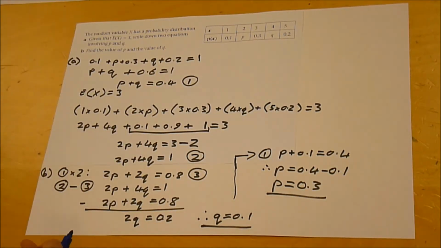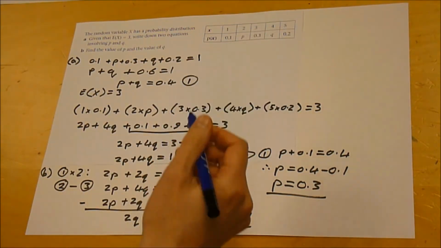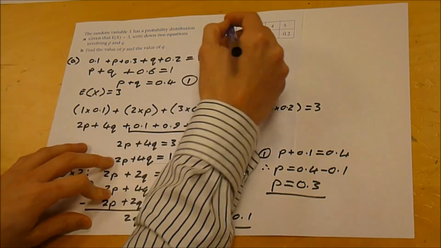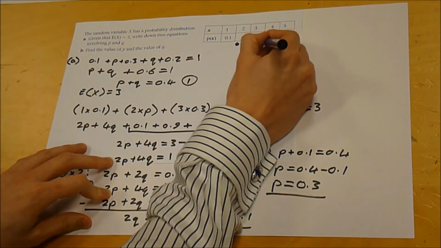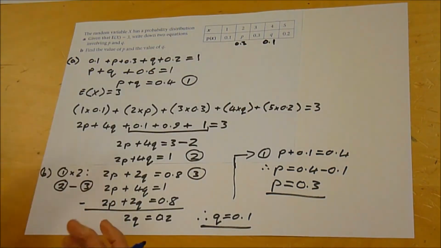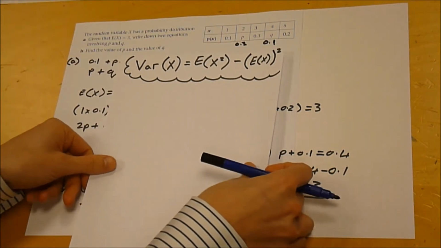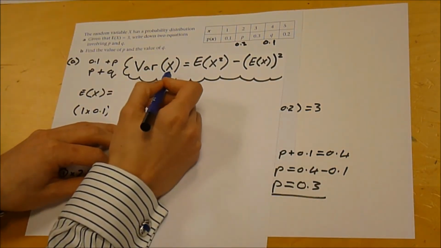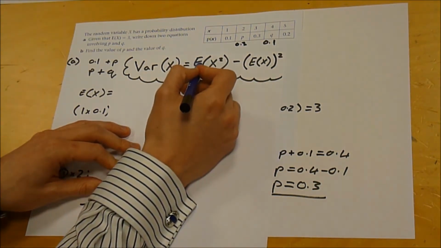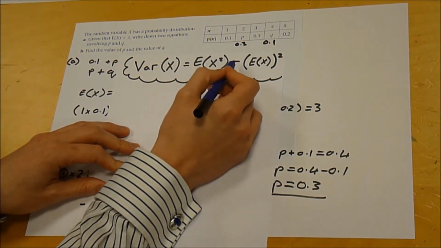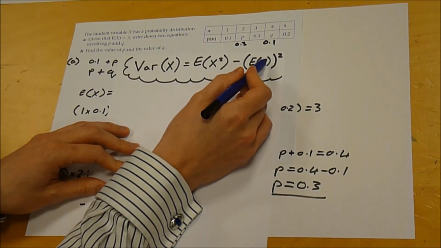Alright, so obviously we've already found what p and q are. We now know that that's 0.3 and 0.1. Now I'm going to show you how we do the variance of this distribution. So using my handy sheet of paper here. And we know that the variance of x equals the expected value of x squared minus the expected value of x, squared.